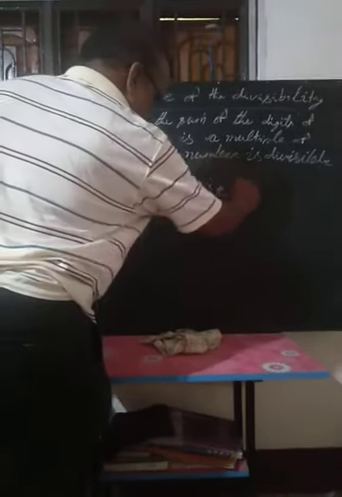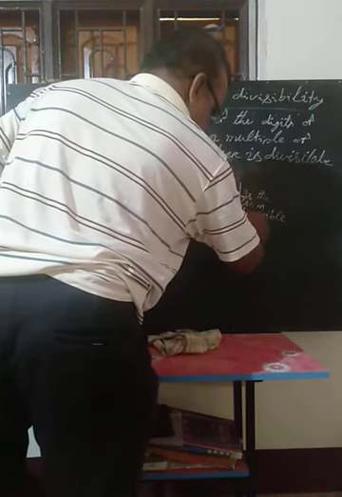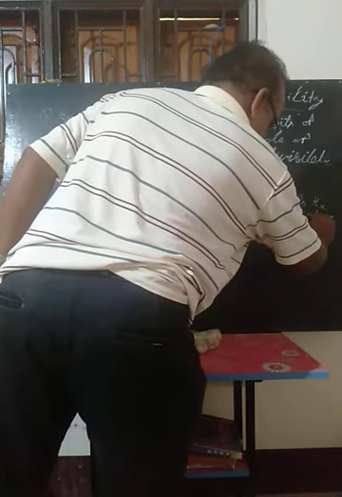First column for the given number, second one is the sum of the digits, third column is whether the sum is divisible by 3, that is, whether the number is divisible by 3.